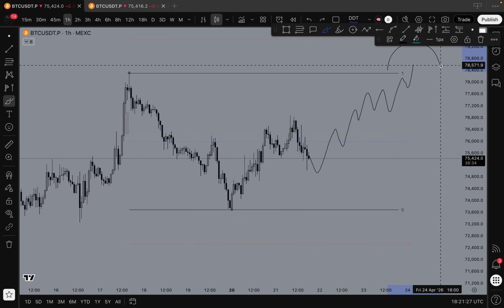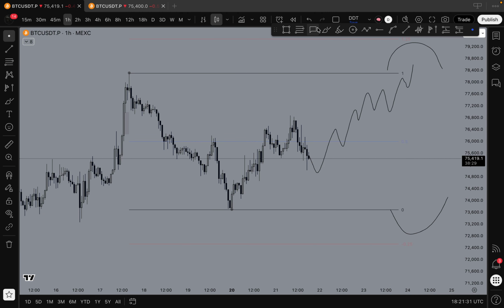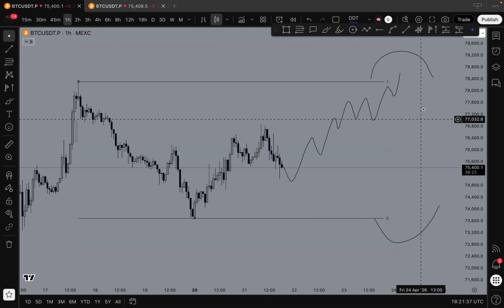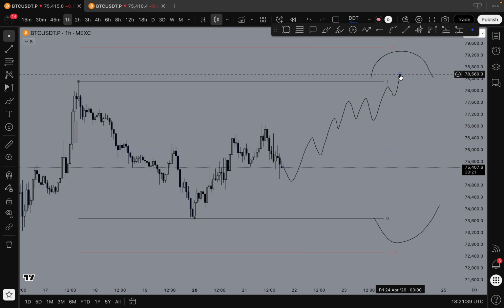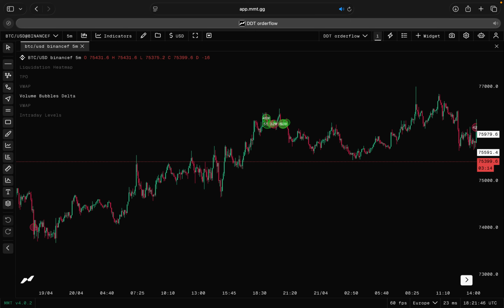We want to trade the extremes where other people are getting trapped. People are just stupid. People long the range highs and short the range lows. That's just how people work. And that is where I would, for example, really love to see delta pick up. So let's say this was the range high.